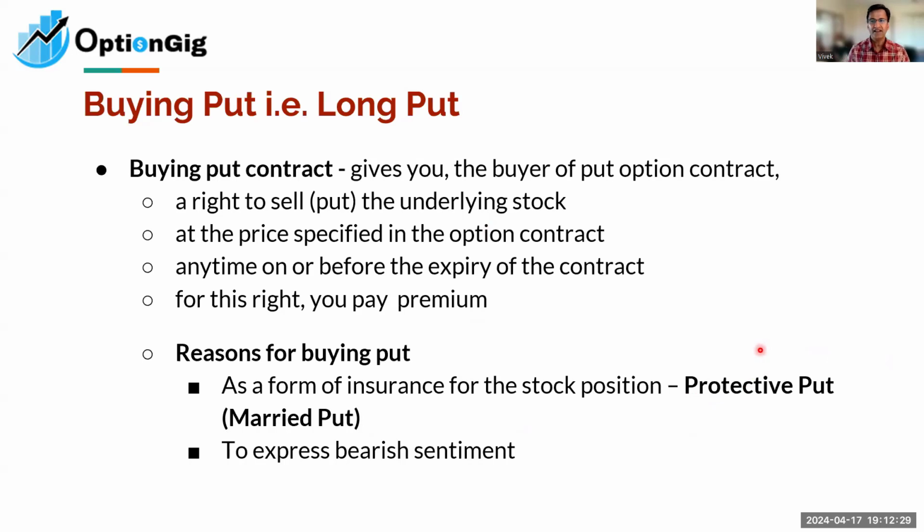But just in case anything happens during earnings, I want to protect myself. I'm holding Google stock. Now talk about the next one. I am bearish on a particular stock. Let's say it's me, not you. I don't own any Google. I don't have Google in my portfolio.